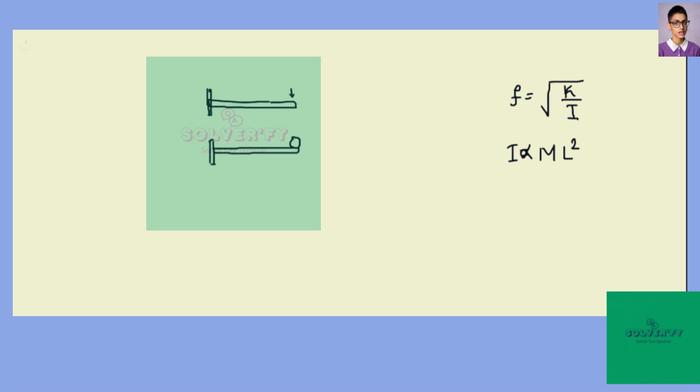So here the mass increases, and the effective length of this blade also increases. So I increases. When I increases, from the equation f = root of K by I, we can say the frequency decreases. All right, so the frequency of vibration will decrease.